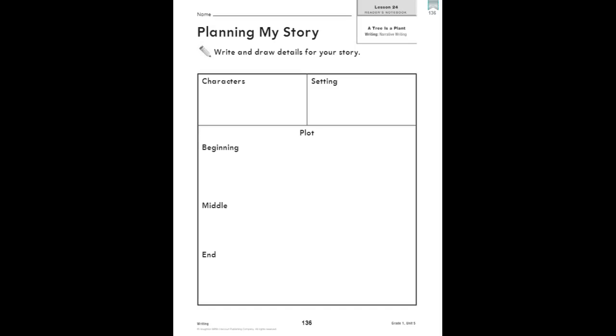You are going to start to fill this out, and you're going to finish this today too, so we can use it as we draft in our next writing video. So you are going to fill out this entire graphic organizer the best you can with details and information about your characters, your setting, and then your plot for beginning, middle, and end.